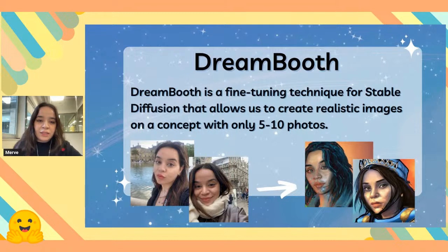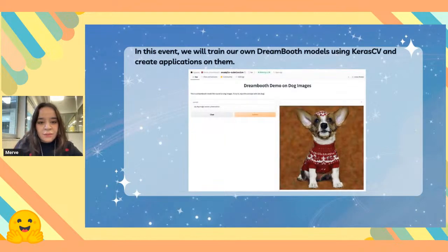But Dreambooth allows us to create realistic generations with only 5 or 10 photos. And in this event, we are going to train our own Dreambooth models using KerasCV and create applications on them using Gradio, and we'll be hosting them on Hugging Face Spaces.